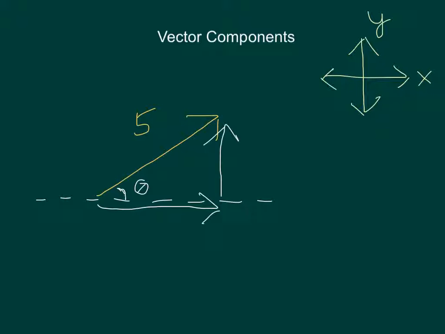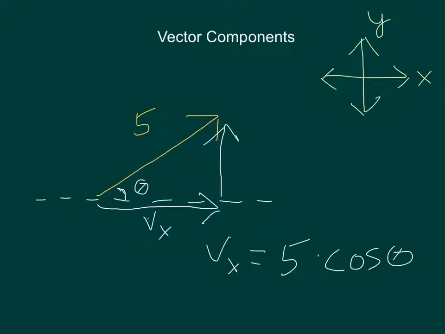So if I wanted to figure out what the x component vector down here is, I could very easily say that this, and I'm going to call it v subscript x, the x to tell me it is an x component, v subscript x would be equal to my original vector's magnitude of 5 times the cosine of theta. Theta being whatever angle I may have from my problem description.